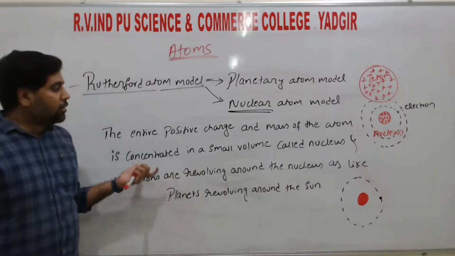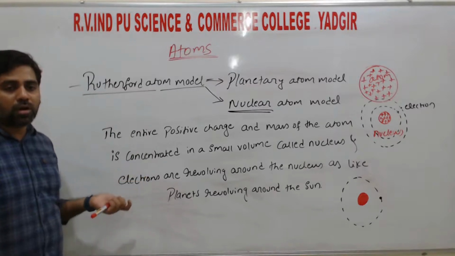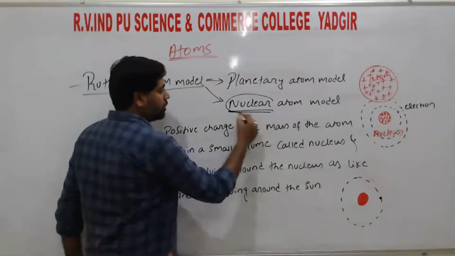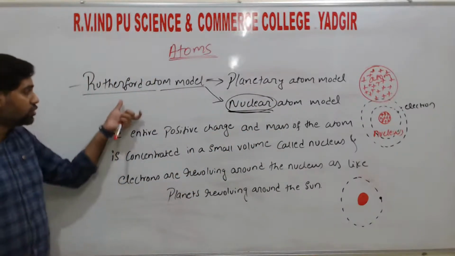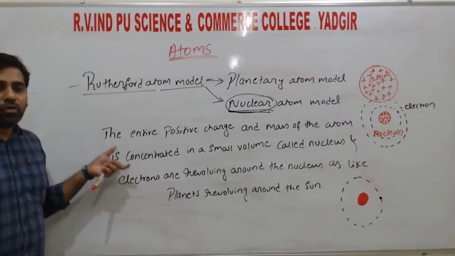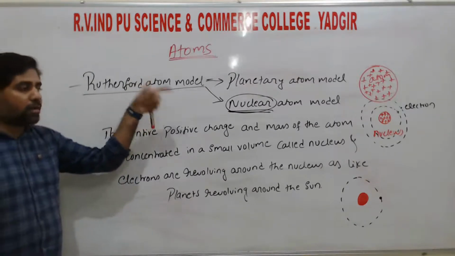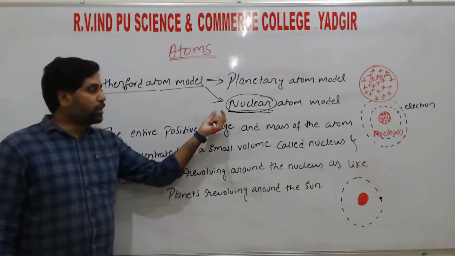From that, another model, that is the Bohr atom model, is also discussed on the basis of the Rutherford atom model. So here also we face a few drawbacks in the Rutherford atom model. Hence, to overcome those drawbacks, Bohr conducted an experiment.